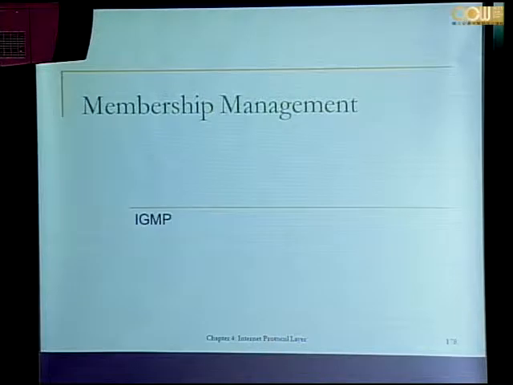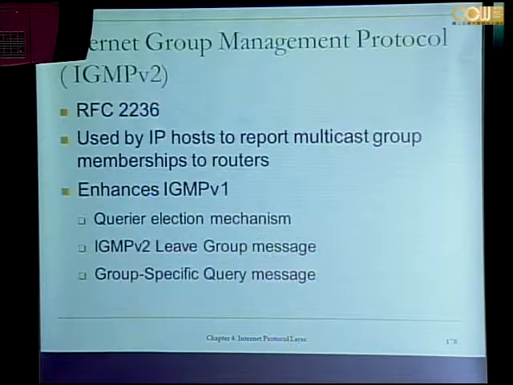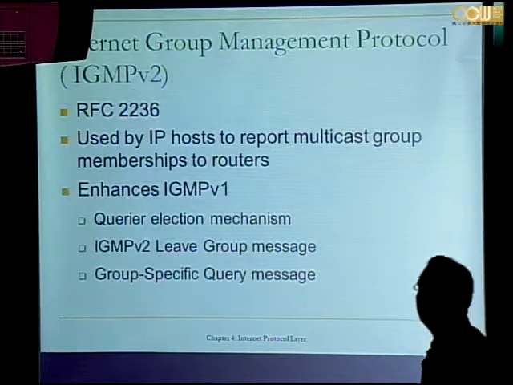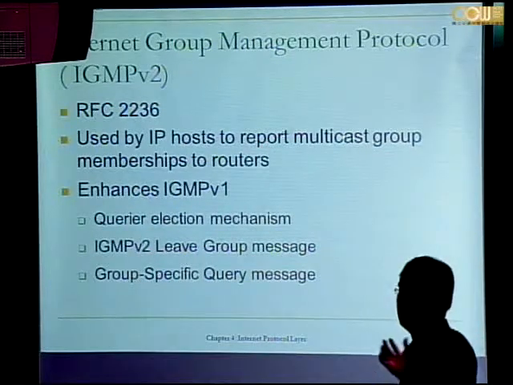And how do we resolve these 3 issues? The first issue can be resolved by the IGMP protocol. And here's how it works. It is used by IP hosts to report multicast group membership to the router.